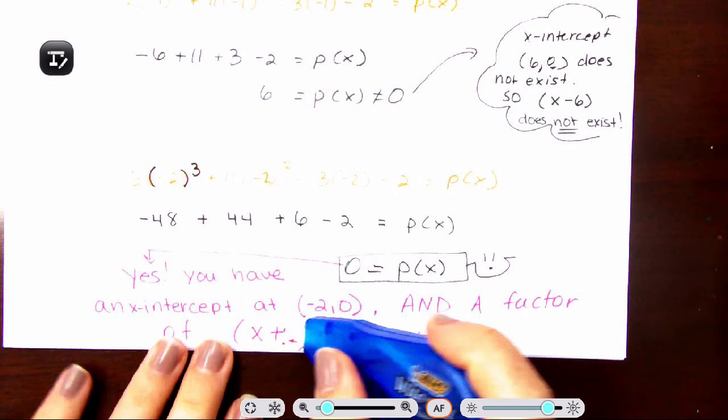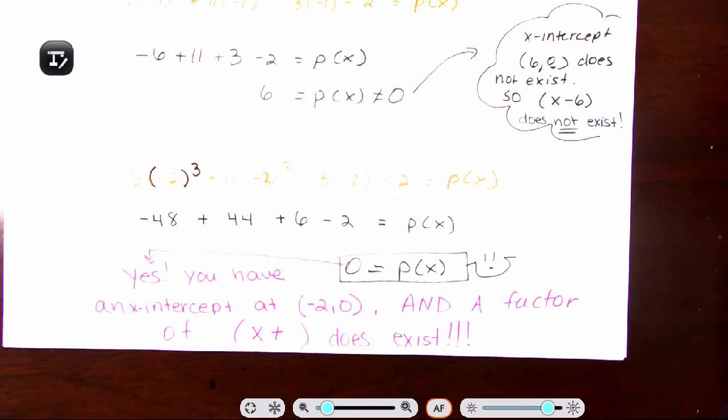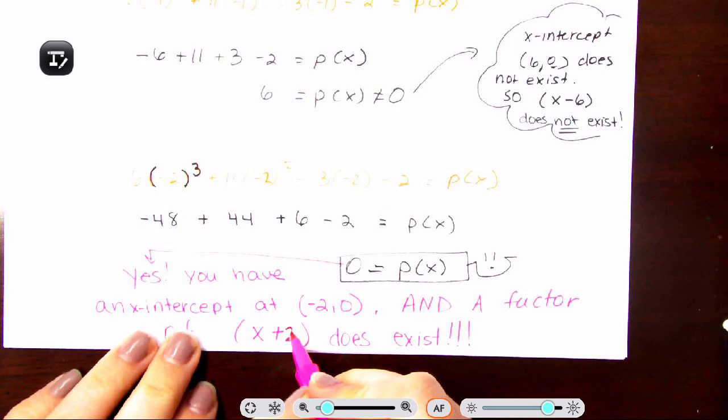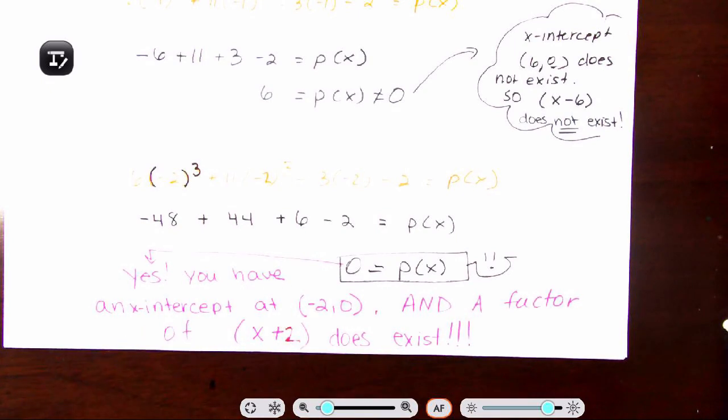That 2 is giving me a little bit of a headache, so let's go ahead and change it, make it prettier. So that factor does exist. So what do we do with that factor?